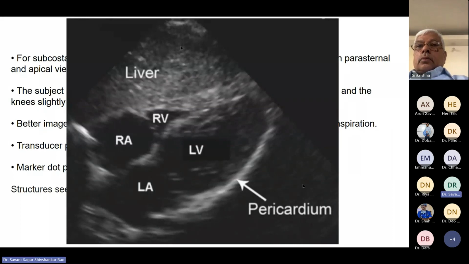First comes the liver, then the RA, RV, and the tricuspid valve, and the interatrial septum, left atrium, and left ventricle with the mitral valve. So pericardial effusion, interatrial septum, and inlet ventricular septal defects are beautifully assessed through this subcostal view.